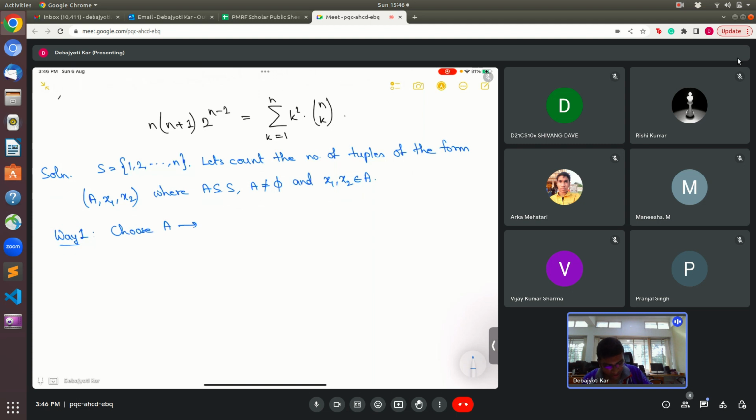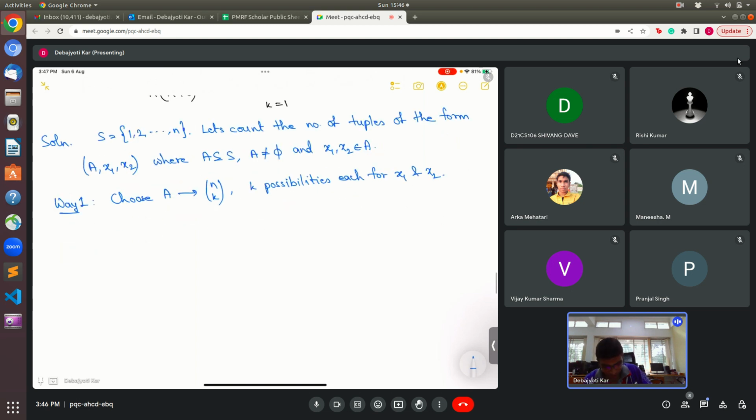So A can be chosen in n choose k ways, where k is something between 1 and n. And once you have chosen k, there are k elements in A. So x1 and x2 each have k possibilities. So we get k square.